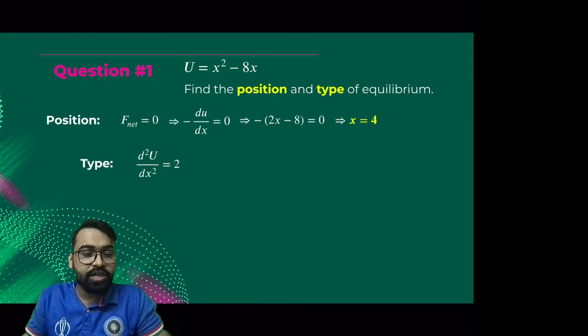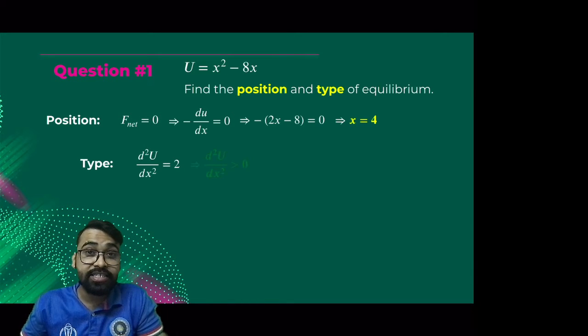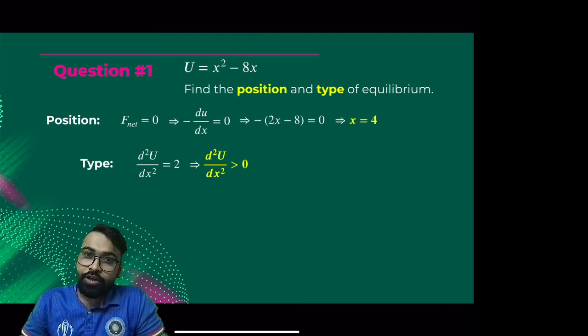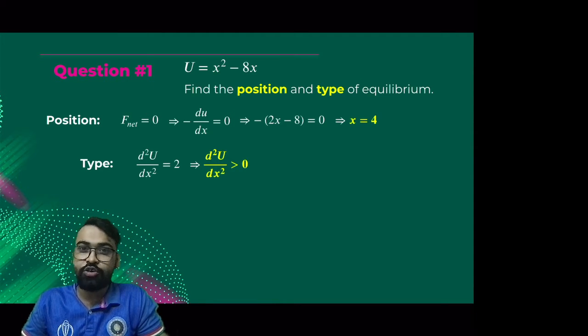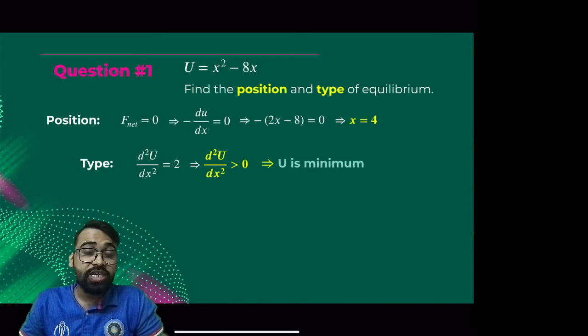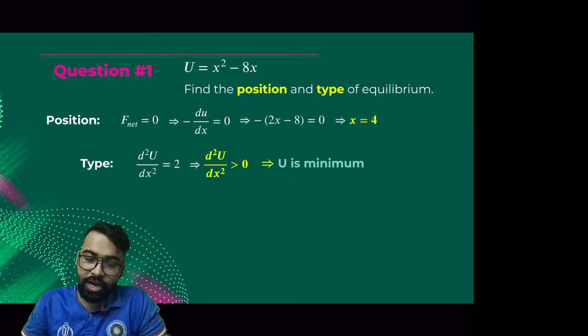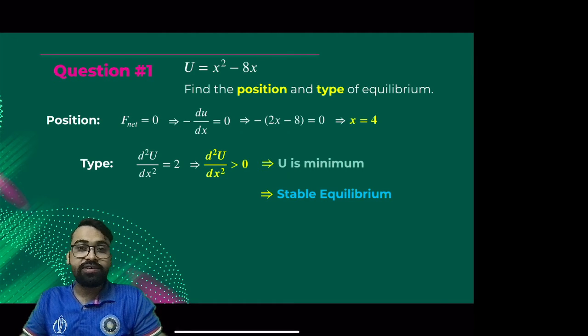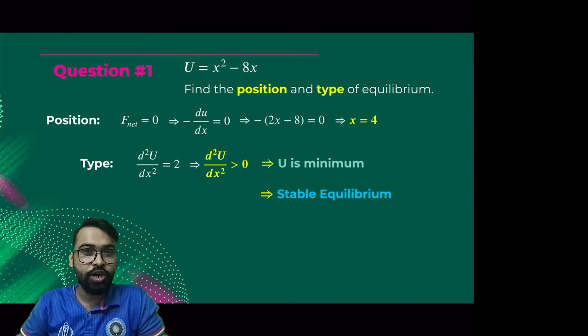So d2U by dx2 turns out to be 2, which is a constant, but the more important thing is that it is greater than 0. And you already know that if the double derivative of U with respect to x turns out to be greater than 0, you say that in this case your potential energy is minimum, or you can alternatively say that this is a stable equilibrium. So both position and type we have successfully achieved.